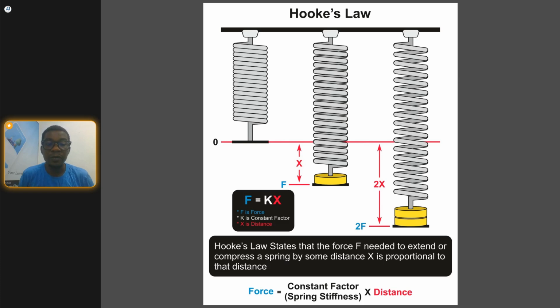As the name implies, the person that propagated this particular law is called Hooke. So it's just like naming the law after the name of the person. That is what most scientists do. Because he had a law that was generally accepted, it is now named Hooke's law.